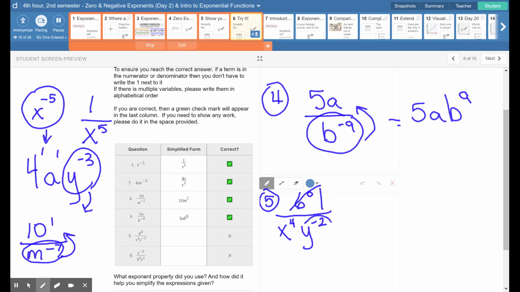And then I still have a negative exponent attached to the y, so I have to move that up. So then I have a y next to 1 that's squared all over x to the 4th. Now, for it to be marked correct in this table, we do not need to write that 1 because we have the term y squared on top.